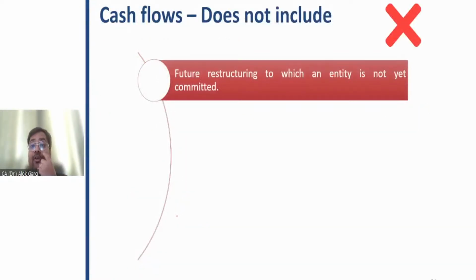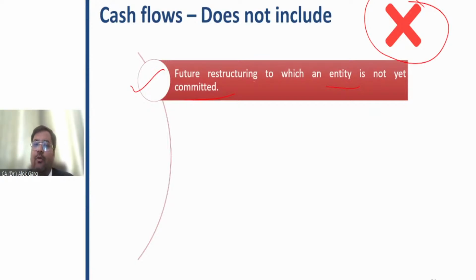What is not required to be included? What is not to be included in cash flows? Future restructuring to which an entity is not yet committed. So let's say the entity is calculating the value in use for a plant.